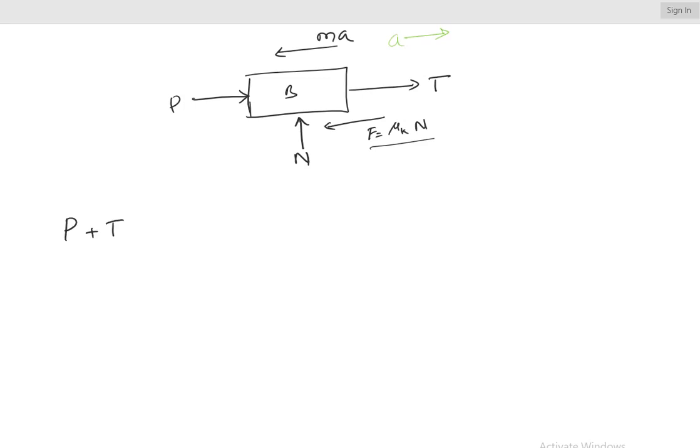F is going to the left, so that would be negative F, that's the frictional force. And we have what else? MA, of course, to the left, so equal to 0.